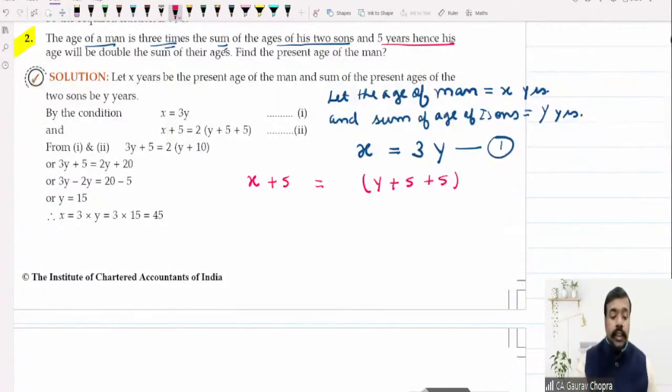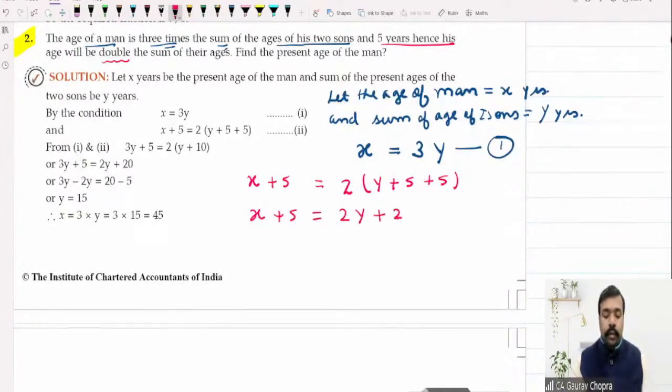Now, what is the relation? The age of man will be double, that is 2 times of the sum. So we can simplify this and get the equation 2y plus 20.